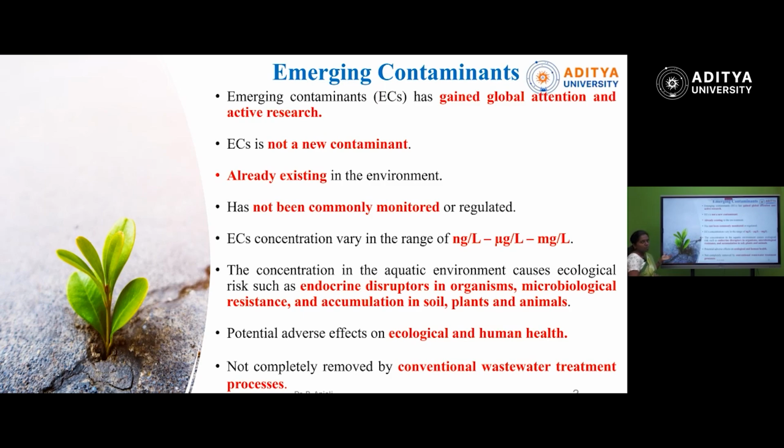Another thing: why is it not possible to remove them by the conventional wastewater treatment plant? Treatment plants are designed to remove pollutants like heavy metals or whatever wastewater parameters are there, and only those are removed. The treatment is not designed particularly to remove emerging contaminants. That's why they are not completely removed, or may be only partially removed. So there is inefficiency in the conventional wastewater treatment plant.